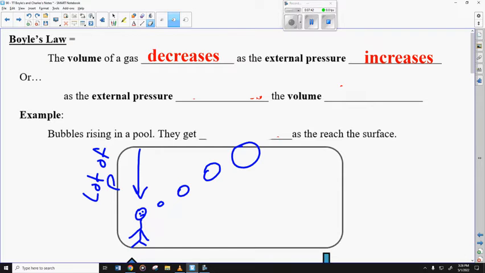At the bottom of the pool, where the pressure is highest, the volume of the gas is smallest, and the exact opposite is true as the bubble rises. As the pressure decreases, with less and less water on top of it, the volume increases. So those bubbles get bigger as they reach the surface.